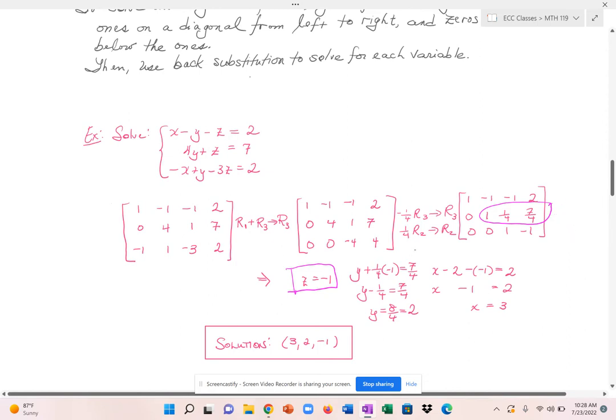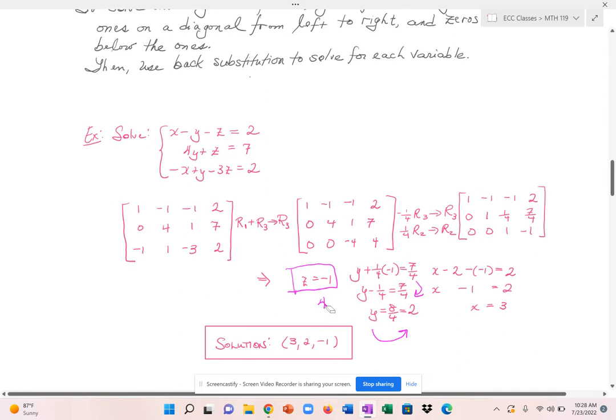So that's what I have here. Y plus 1/4 z, but z is equal to -1, so I'm plugging that in, equals 7/4. So I can solve for y because that gives me y minus 1/4 equals 7/4. Add 1/4 over to the 7/4, that's 8/4, and so y is equal to 2.